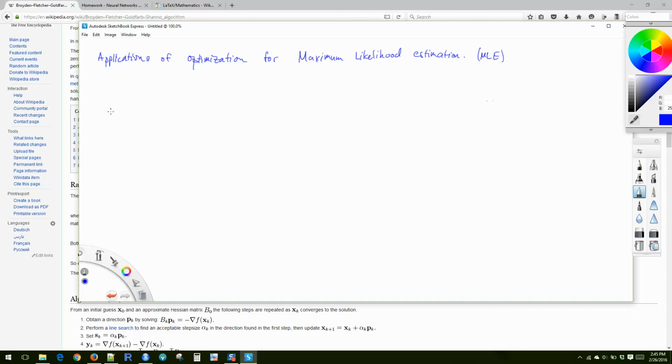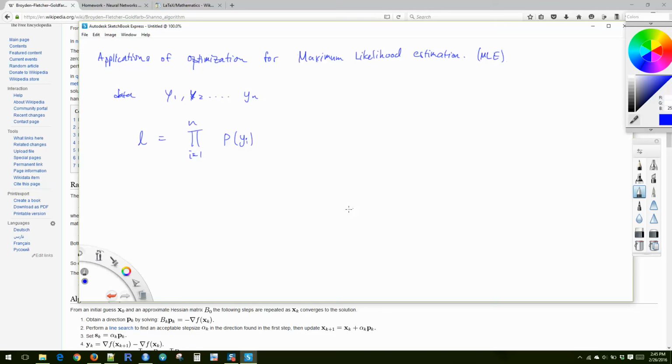So basically, you've got all of your data, Y1, Y2 to Y sub n. And your likelihood function is going to be the product of the probabilities of each of your data points.